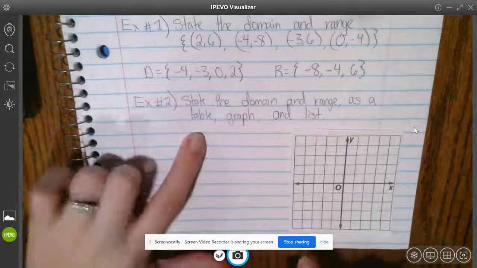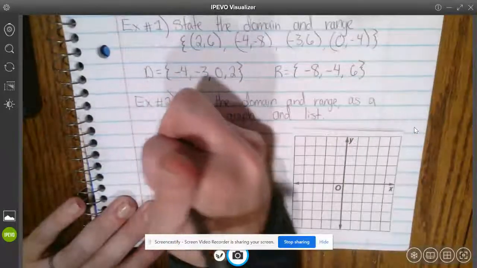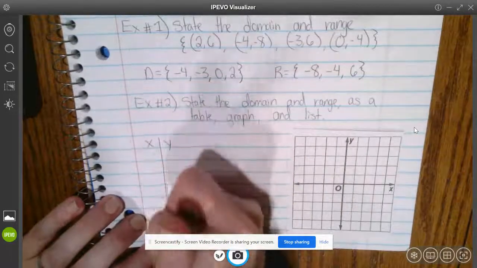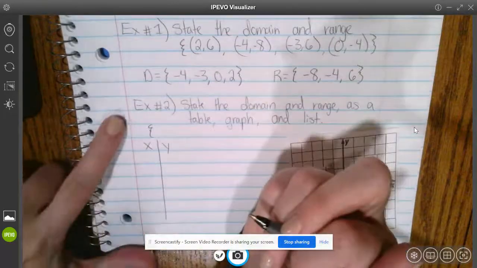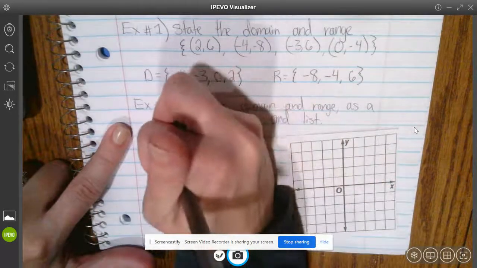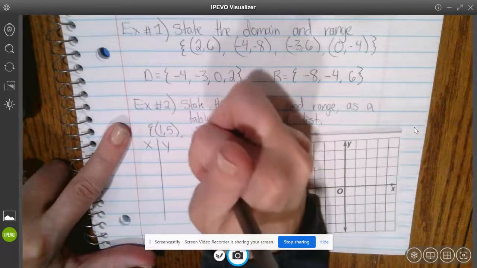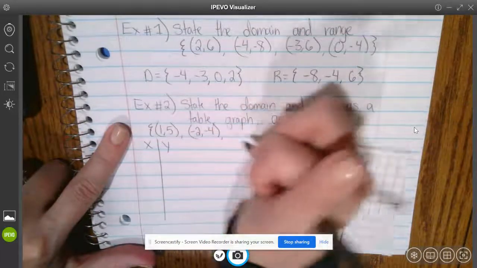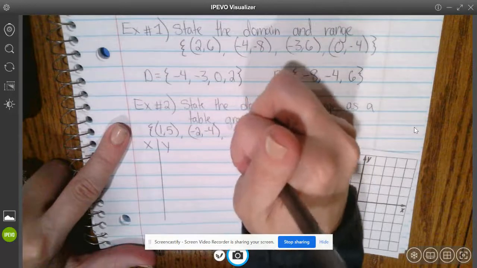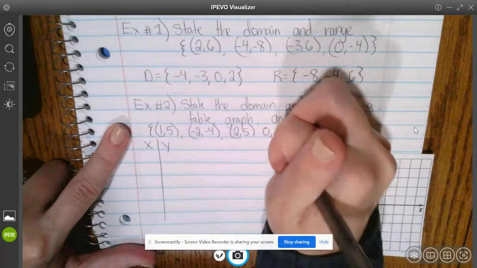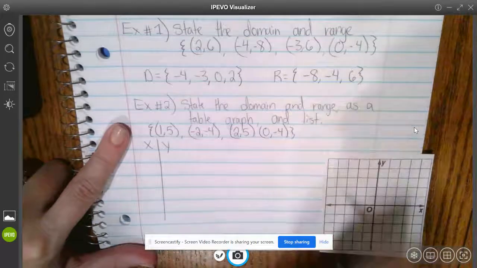Okay, first we're going to make it as a table, just your normal XY chart. Dang it, it would be helpful if you actually had the list, wouldn't it? Okay, here's your list: (1, 5), (-2, -4), (2, 5), and (0, -4). Sorry.